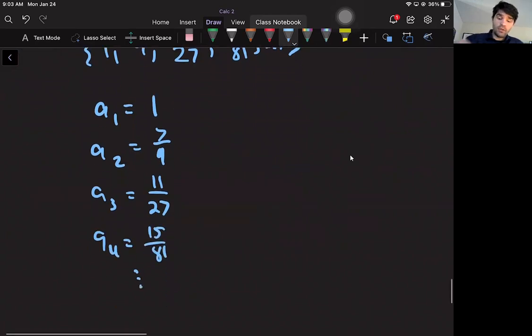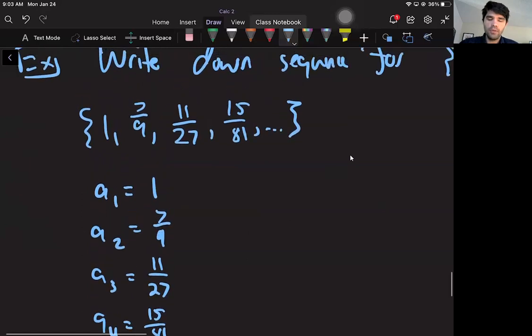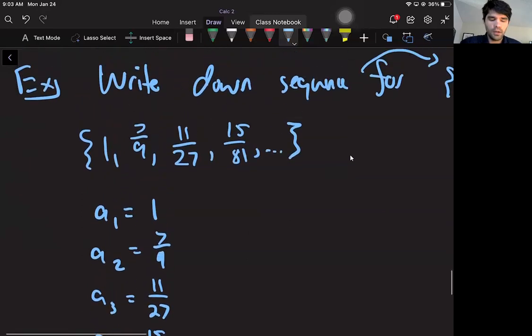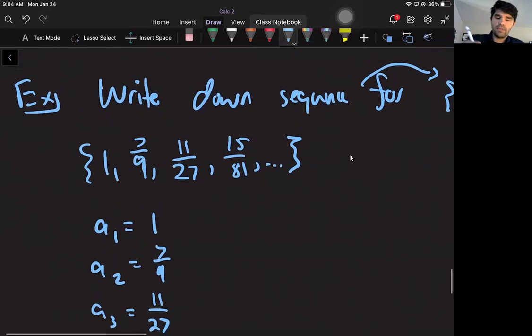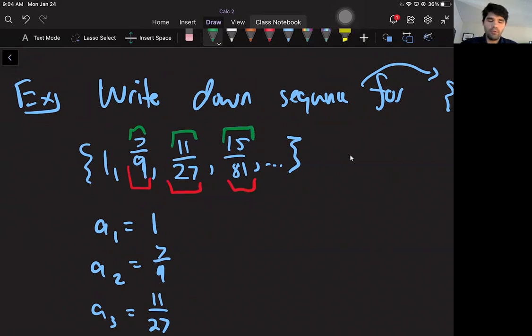And again, you just have to sort of notice from experience, like what kinds of things happen. So here, the way to think about it is by separating the denominators and the numerators and realizing that they follow two separate patterns.